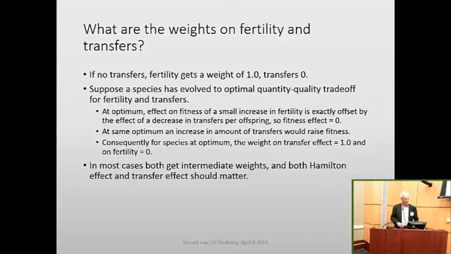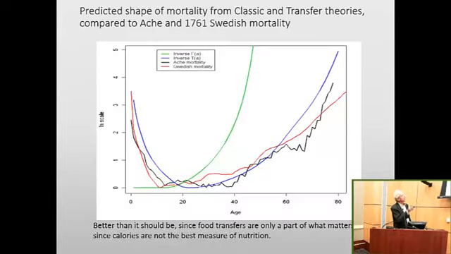So this is a diagram from that 2003 article. We have log of mortality on this axis. The green line is the prediction of the Hamilton theory. We have flat, very close to 0, infant and child mortality up until the age of reproductive maturity.